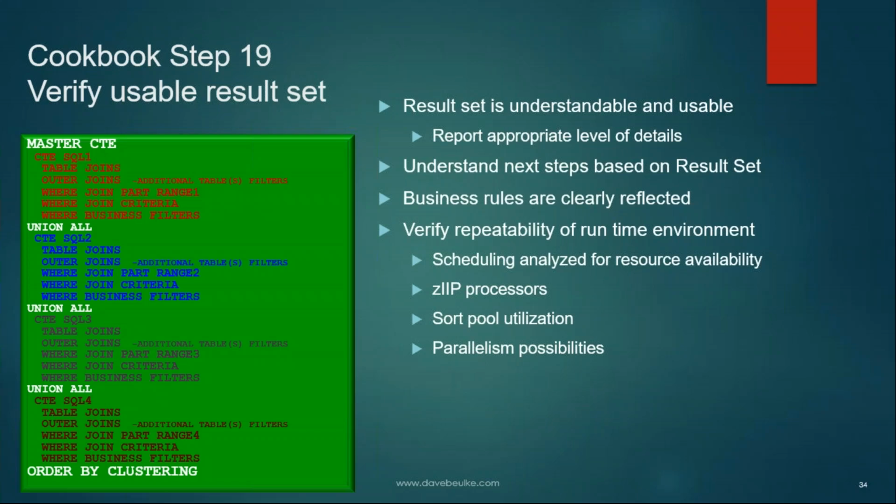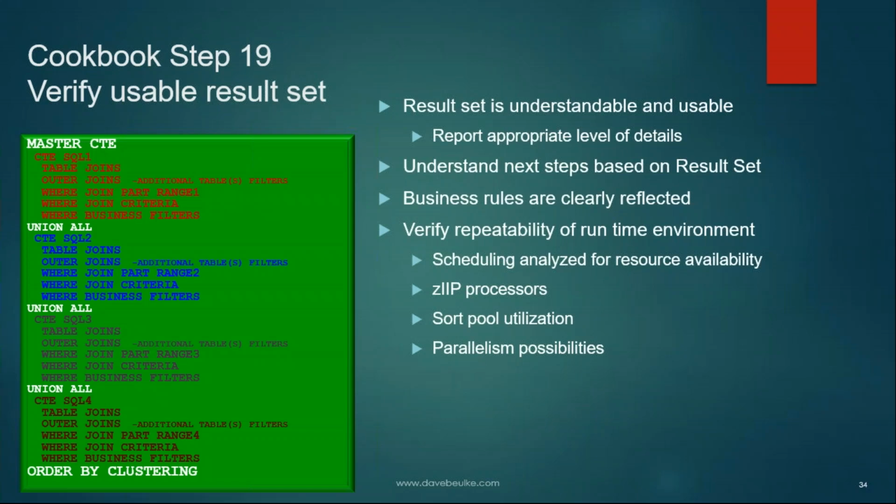By having that UNION ALL structure, we're able to get not only massive parallelism within one of these CTEs, but simultaneously, we can also get DB2 concurrently executing the subsequent CTEs and getting all the zIIP processors.